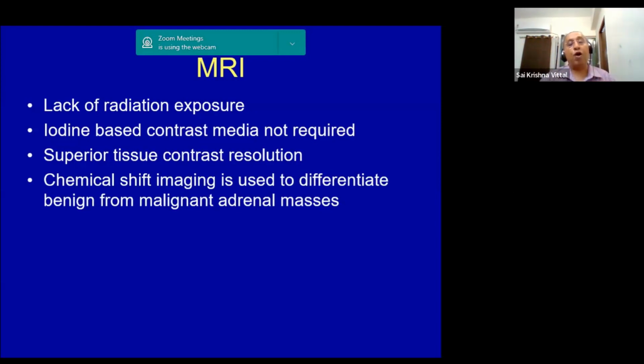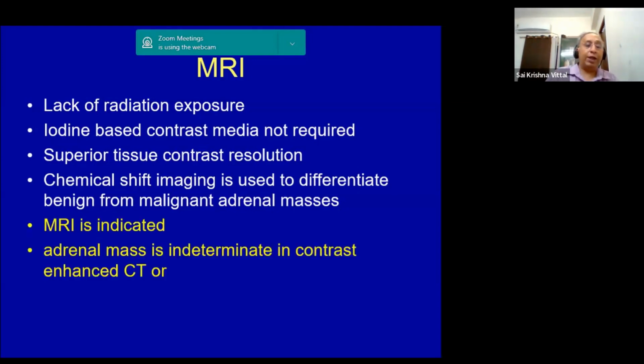In the presence of a magnetic field, protons in water vibrate at a different frequency compared to protons in lipid. In other words, protons in water oscillate in and out of phase with respect to protons in lipid. This principle is used to differentiate between a benign and a malignant adrenal mass on MRI.